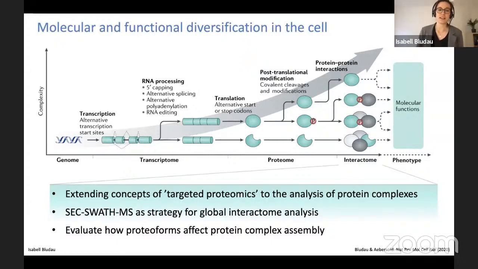And specifically, I will talk about a strategy that we developed in Rudi's lab called SEC-SWATH-MS, which we can use to analyze protein complexes on a global scale and across conditions. And finally, I will change gears a bit and talk about how we can actually get a handle on proteoforms in bottom-up proteomics data and investigate how different proteoforms might have an impact on the protein assembly.